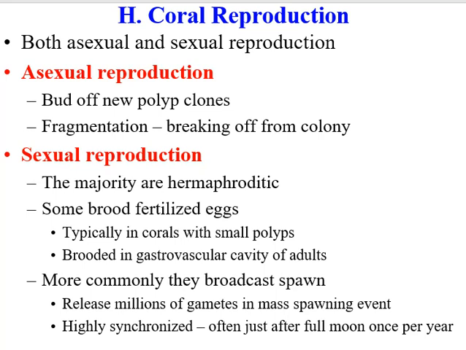So you've got gametes of different individuals that are being fertilized by other individuals, and it's highly synchronized at a certain time of the year, right after a full moon a lot of times, and at night. But it's a big, major event on the coral reef.